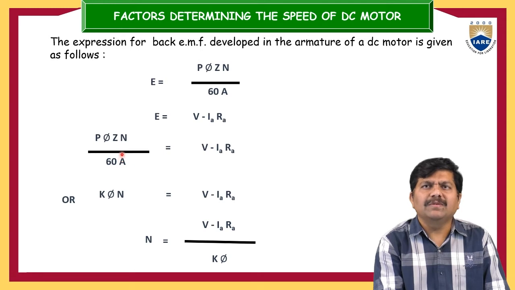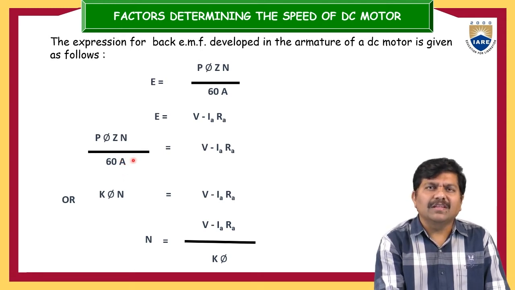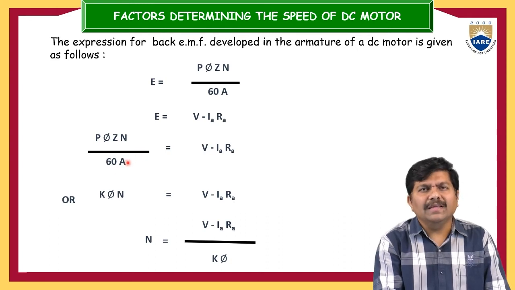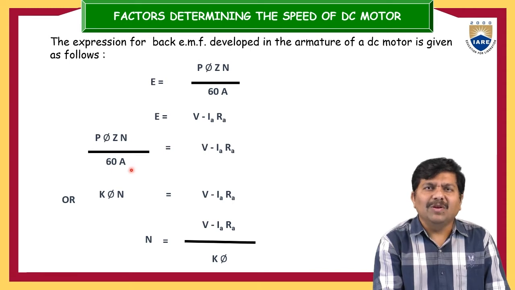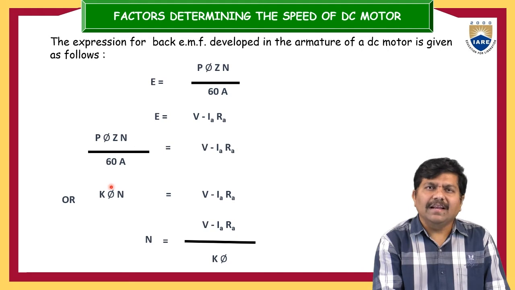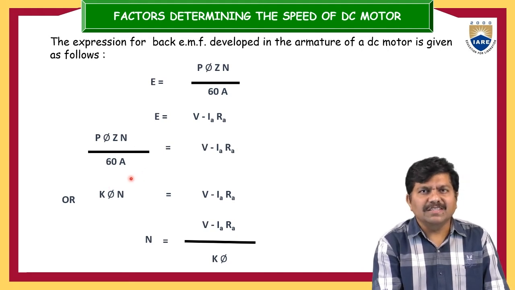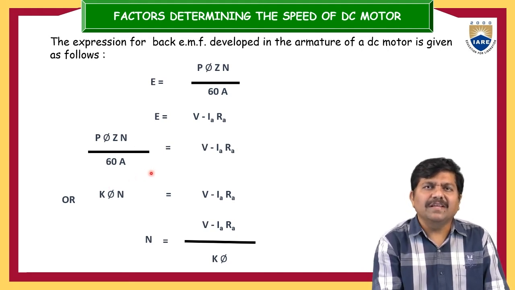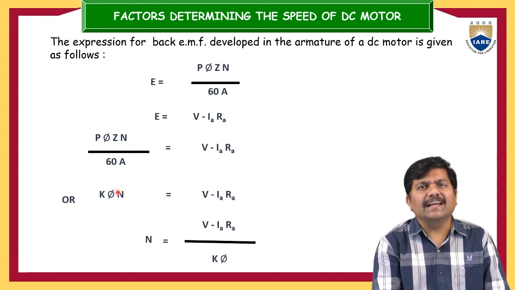So P Z by 60A can be taken as a constant K, and the remaining variables are the magnetic flux phi and the speed N. The flux is a variable parameter, because if the load changes, then line current changes, the armature current also changes, and the flux will also change. If there is a change in shunt current, the associated flux will also vary.